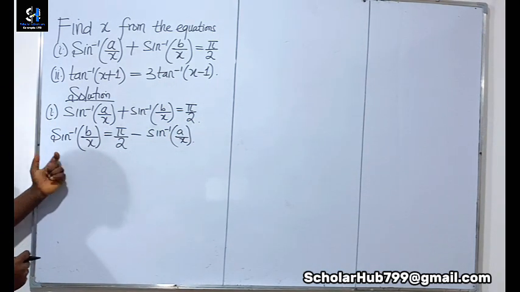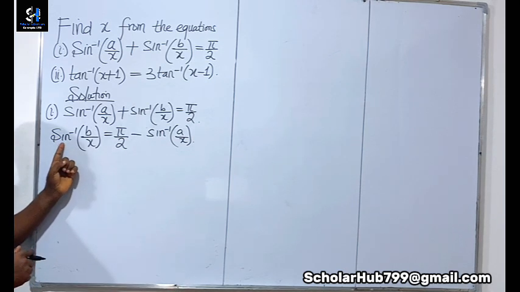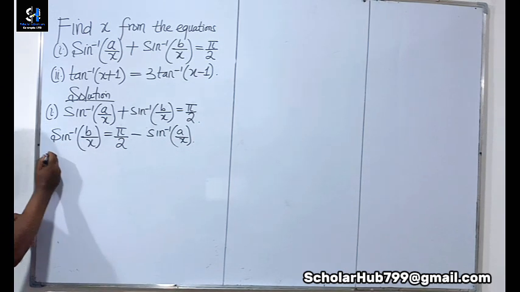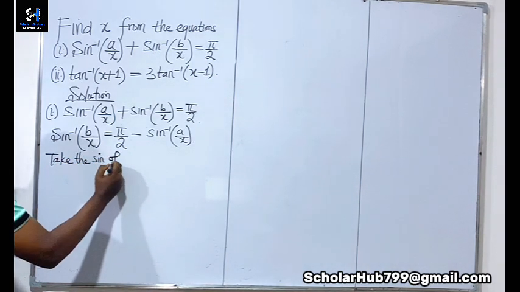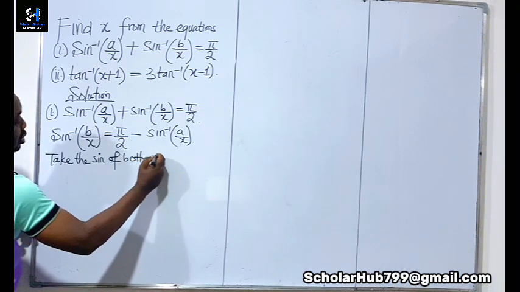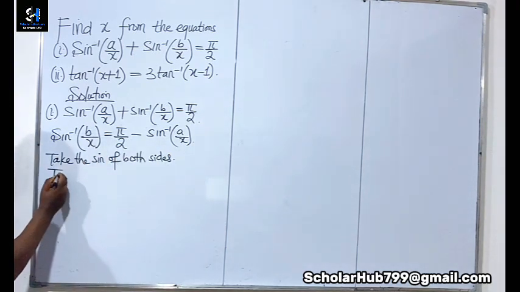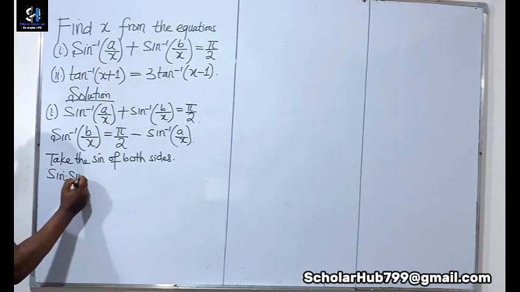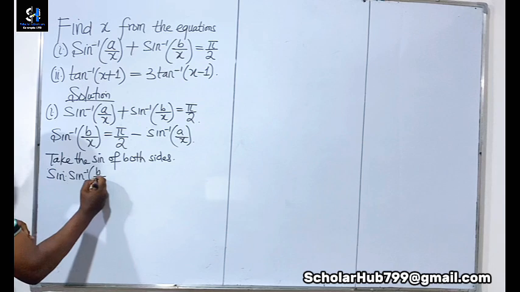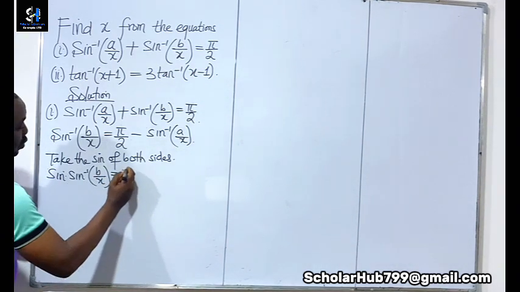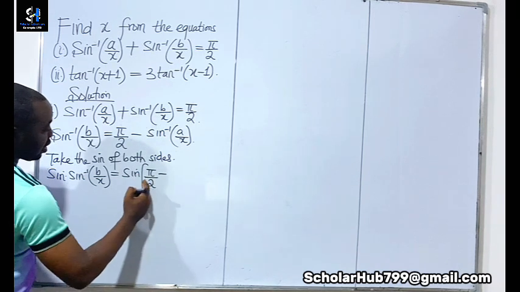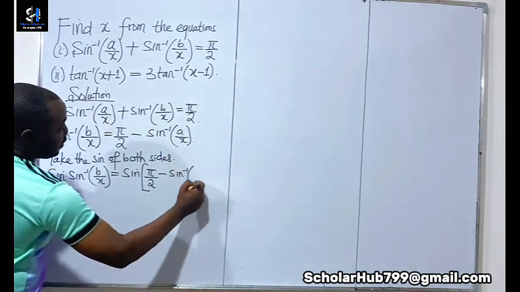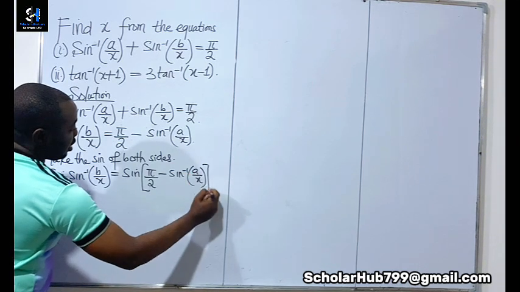The next thing to do is to get rid of the inverse sine, and to do that I'll take the sine of both sides. So this will be sine of inverse sine of b over x equals sine of pi over 2 minus inverse sine of a over x.